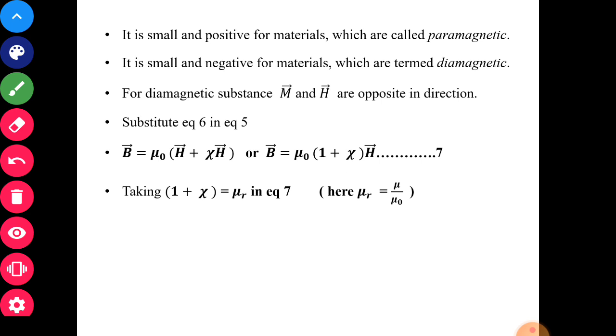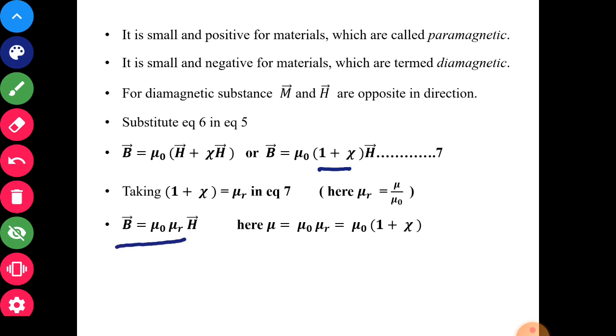Now 1 plus chi is taken as mu r, which is relative permeability, and mu r is mu upon mu 0. So B is equal to mu 0 mu r into H, and mu is nothing but mu 0 into mu r.